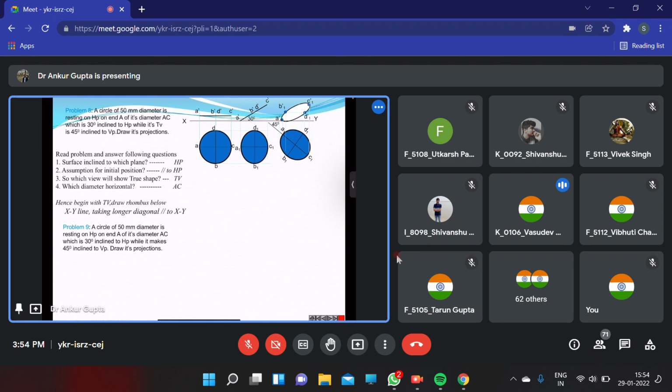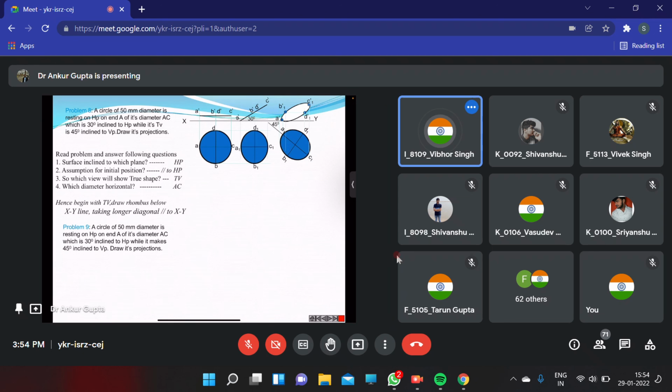Okay, sir. Getting? Yes, sir. Here you are not rotating the final view, you are rotating the diameter. यहाँ पे आपको locus काम आएगा, if you can understand. So won't it be same? No. Even in the previous figure, we have rotated the diameter only, right?